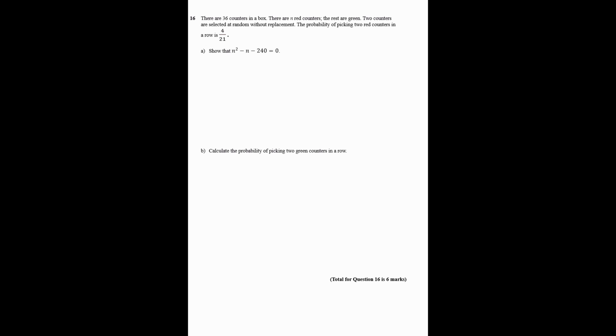Right. Question 16. There are 36 counters in a box. There are n red counters, the rest are green. 2 counters are selected at random without replacement. Very important, it's without replacement. So we've got 36 counters, n red and green. 2 counters selected at random.